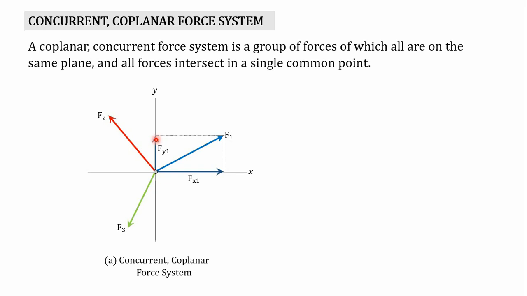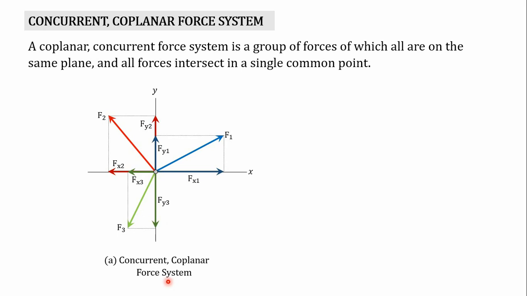The component of F2 is this, our Fx2, which is going to the left, and then Fy2 is going upward. And then the component of F3 is like this, so this is our Fx3 and this is our Fy3.